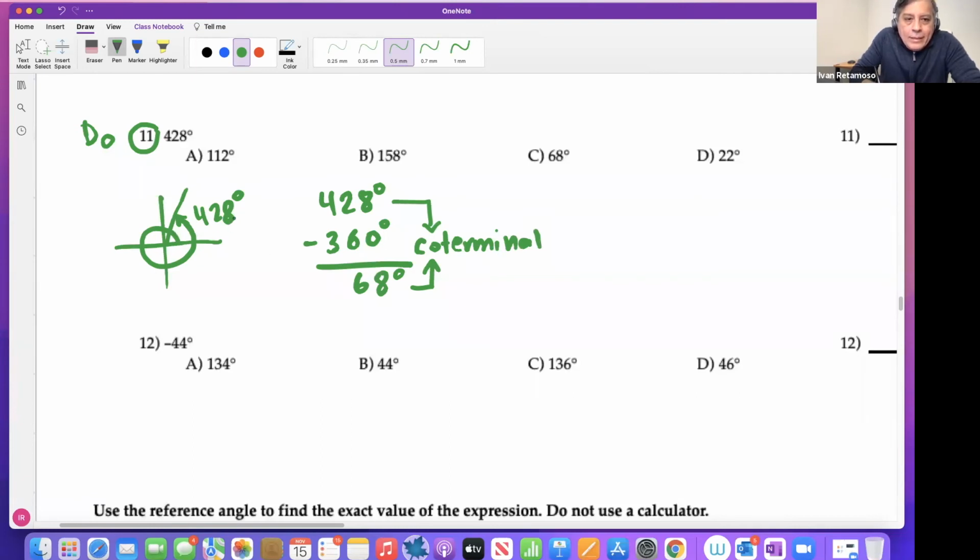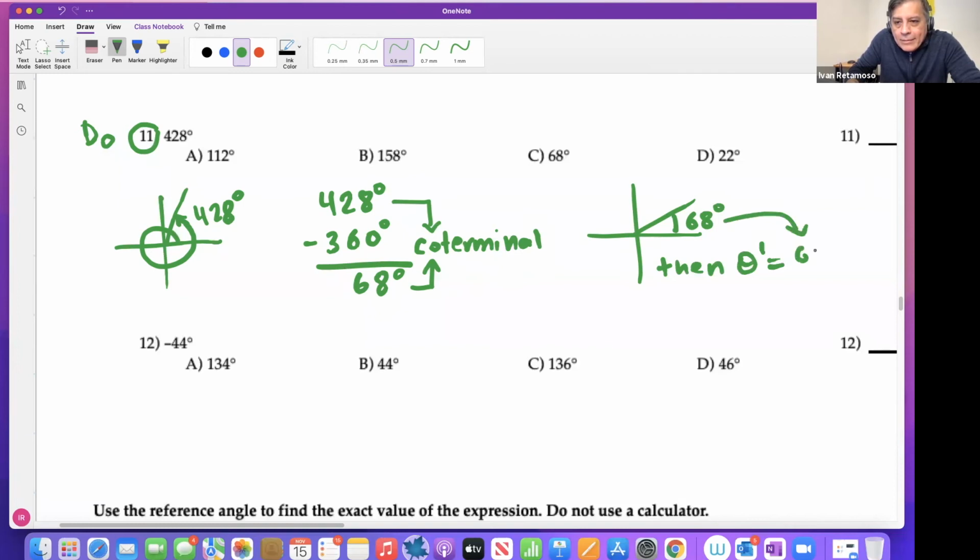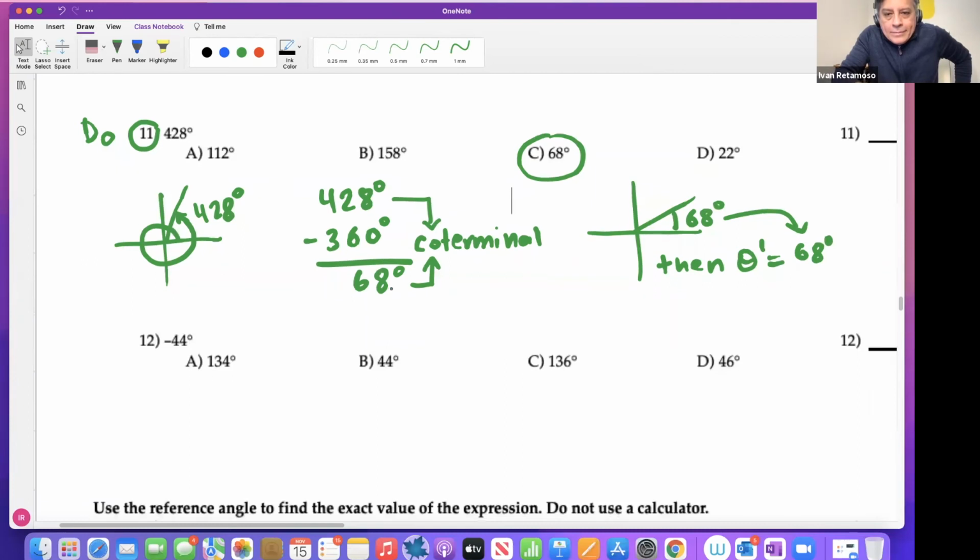So 428 degrees can be substituted with 68 degrees, but this 68 degrees now is on the first quadrant, right? In the first quadrant. So therefore, its reference angle theta prime is just itself, right? Follow, guys? Itself. So in case it's over 360, subtract 360 degrees.